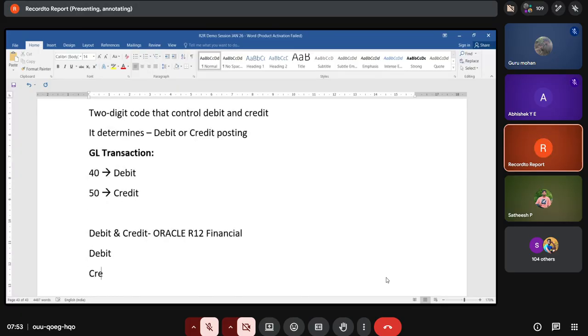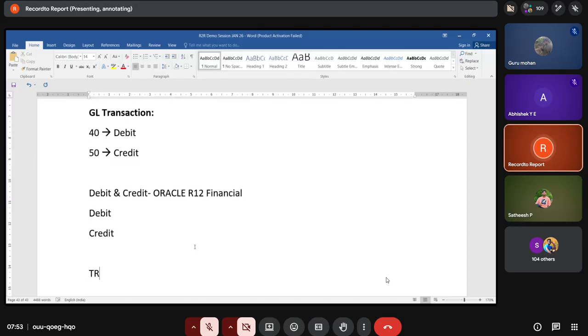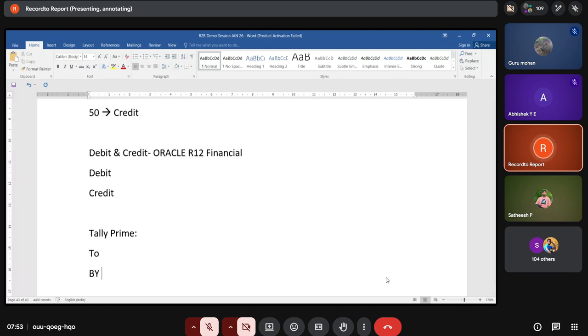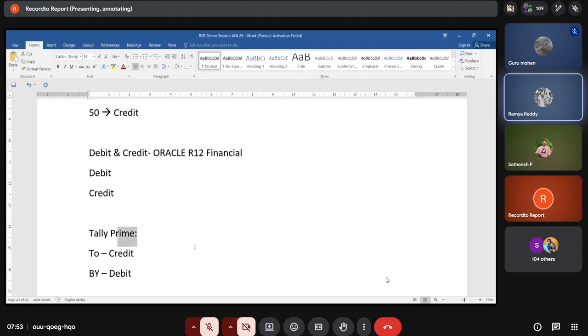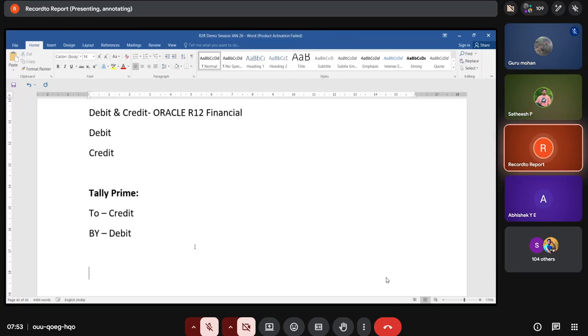If it comes to Tally Prime, they are using the By and To format. By indicates debit. To indicates credit.